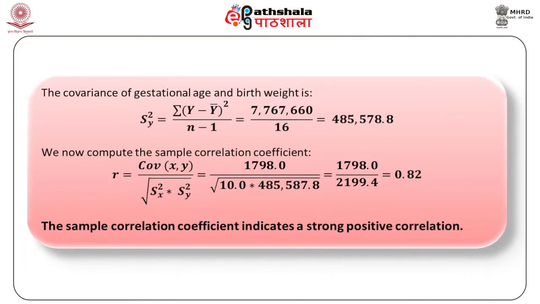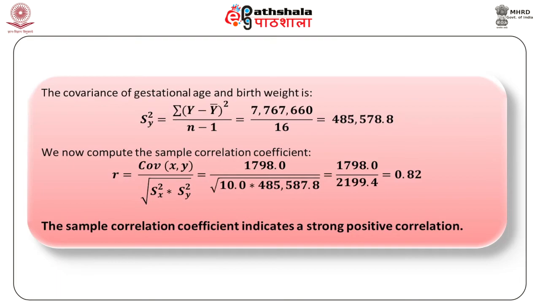The covariance of gestational age and birth weight is Sxy, equal to summation x minus x bar multiplied by y minus y bar divided by n minus 1, which is equal to 7,767,660 divided by 16, which is equal to 485,578.8.